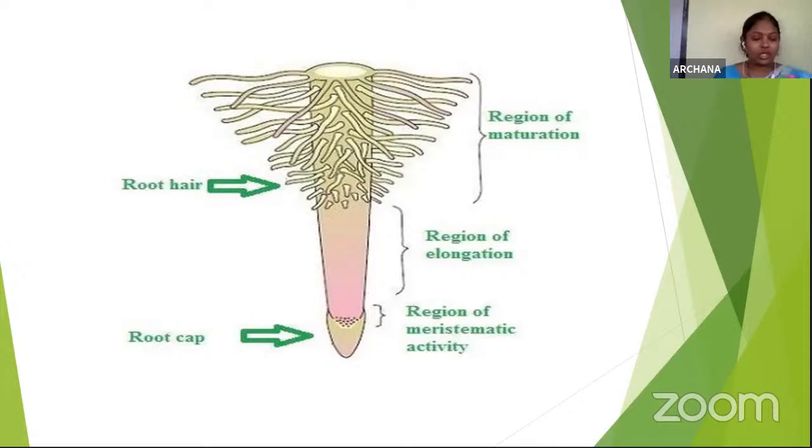Okay, children, before I start my class, first let us know about water absorption in plants. As we all know, in plants the roots absorb water from the soil, and from the root, water passes to the stem, leaves, and the other parts of the plant. Now, in this picture, we can see the structure of a root.